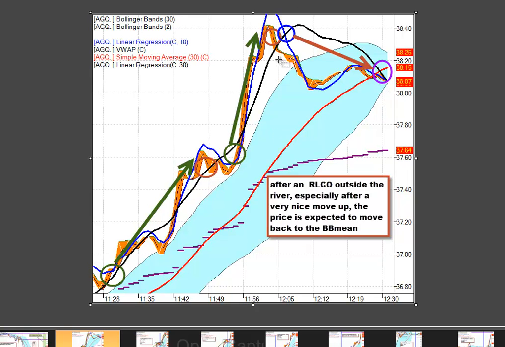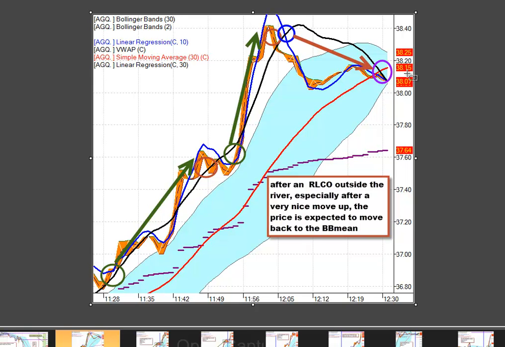When we get a regression line crossover outside of the river after a nice move, the immediate target is the Bollinger Band mean. Now, there's not a lot of room to trade that in there unless you were to go short right away. But why would you? You just had 7R on the upside.